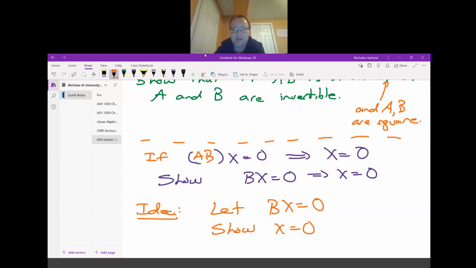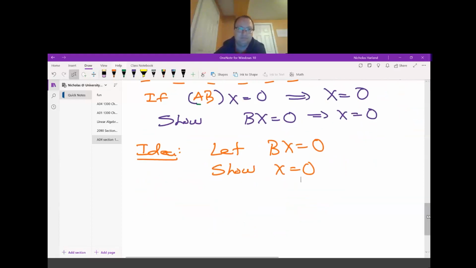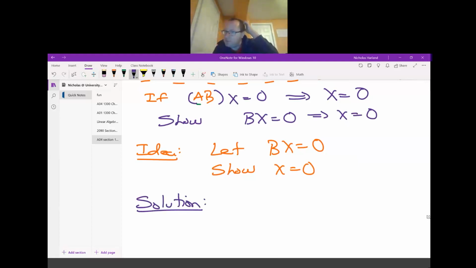All right. Somebody mentioned, wonderfully, can we multiply both sides by b inverse? That would seem to be the easiest way. So we're going to show b is invertible by multiplying by the inverse.